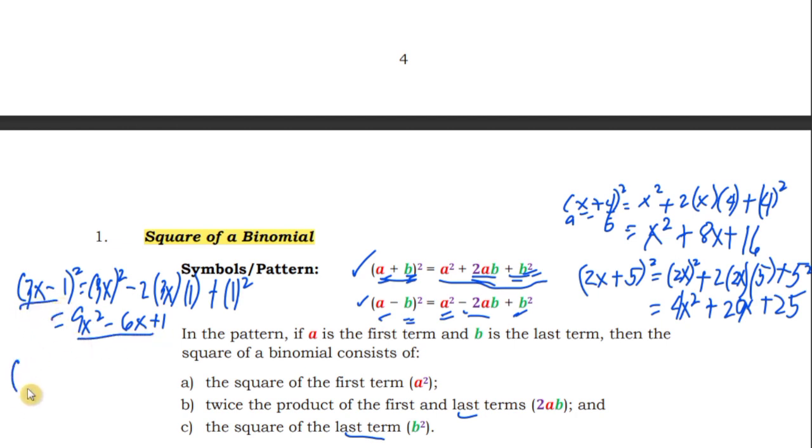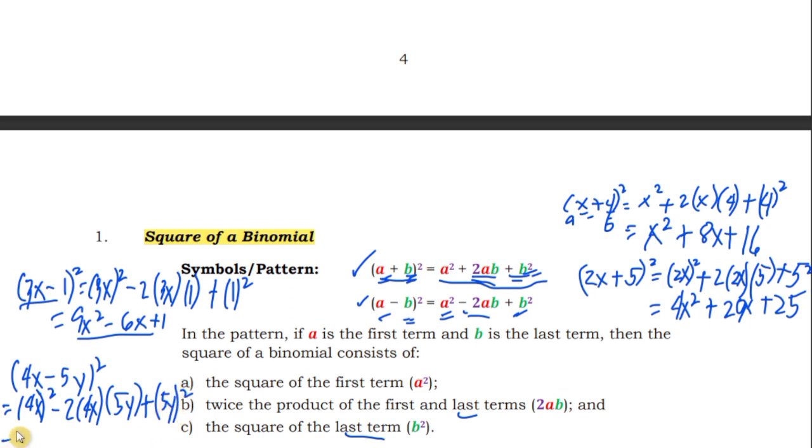Okay, next one is 4x minus 5y quantity squared. So we have the square of 4x, minus twice the product of the first term, which is 4x, times 5y, plus the square of 5y.